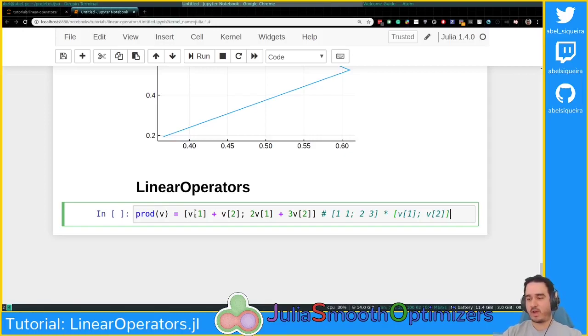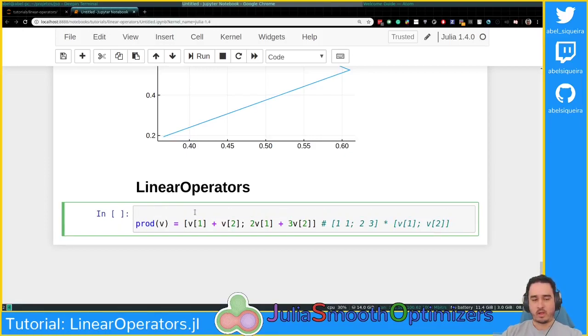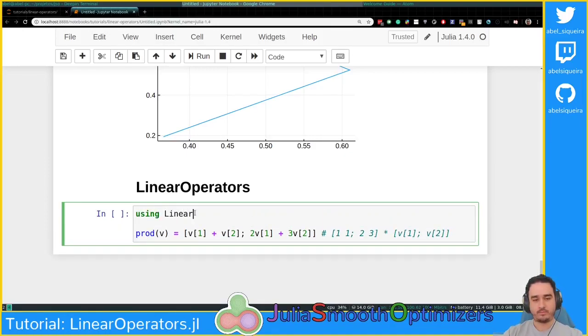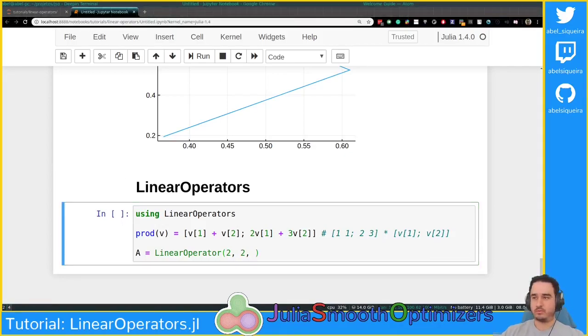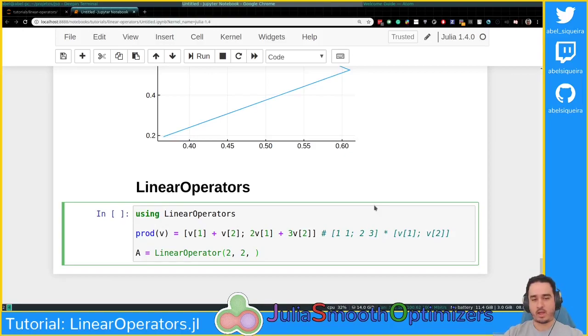And we're going to define a linear operator through this operation here. I'm going to call it A because it will resemble a matrix. I'm going to pass the sizes, so it is 2 by 2. And I know this matrix is not symmetric nor Hermitian, and it's defined by prod.